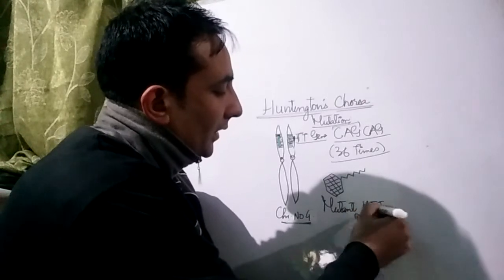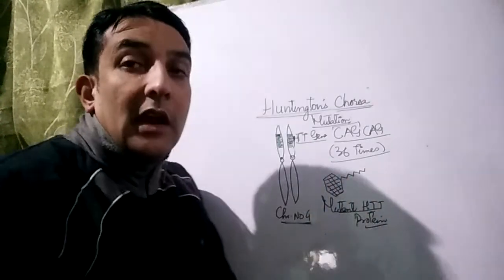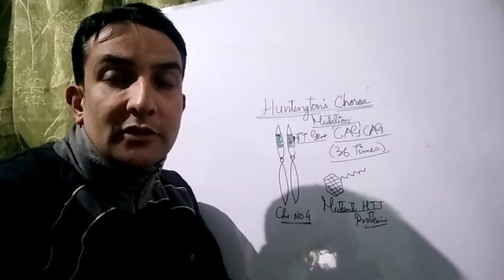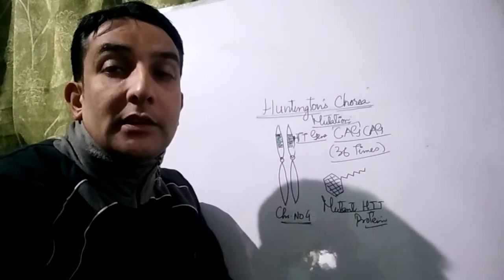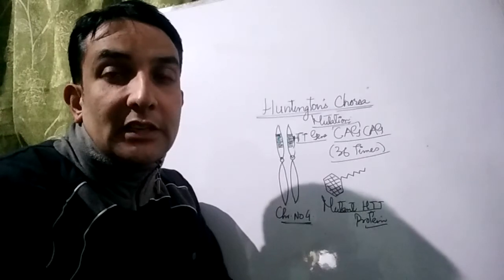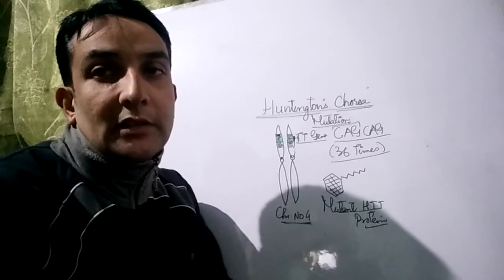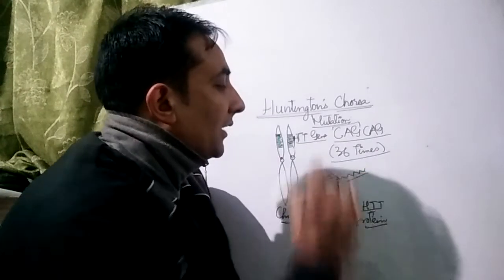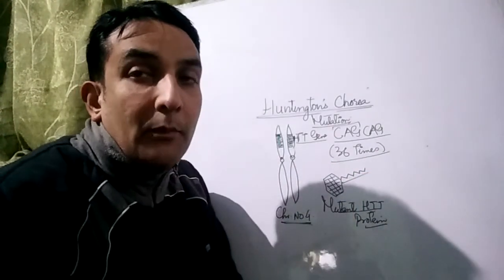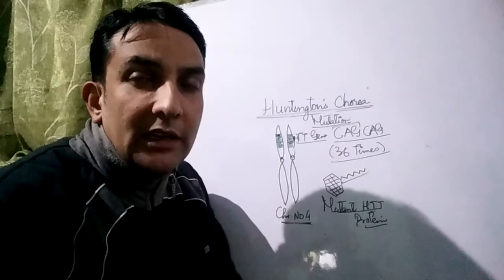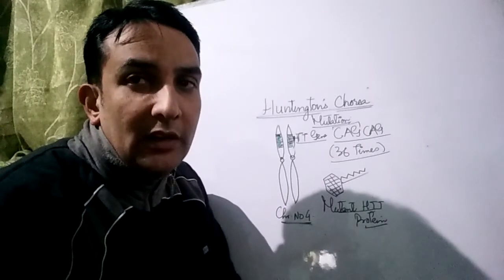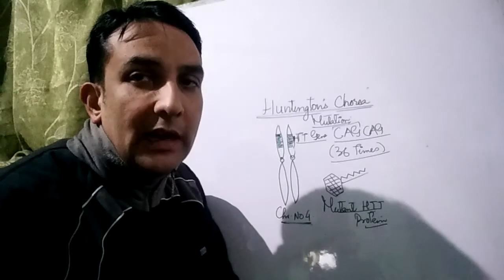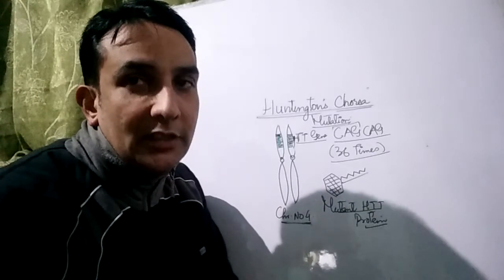Try to understand that in the normal Huntington gene, the CAG sequence is repeated only 20 times, but in the mutant HTT gene, the same sequence CAG is repeated 36 times. It will have an impact on the polyglutamine tail. The polyglutamine tail of the mutant Huntington protein will be considerably long as compared with the normal HTT protein.